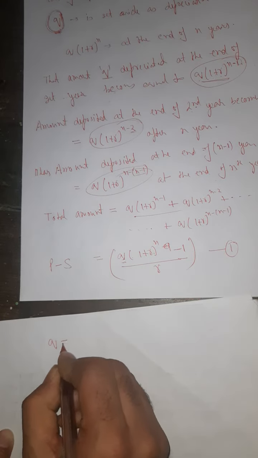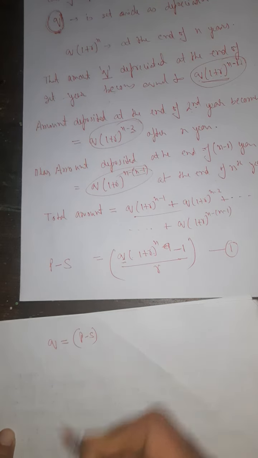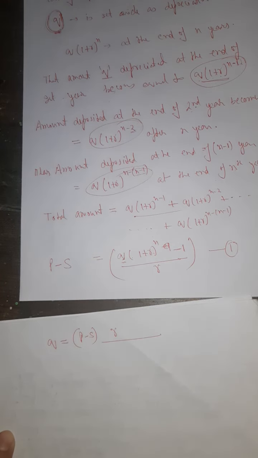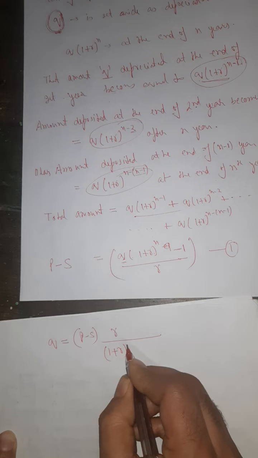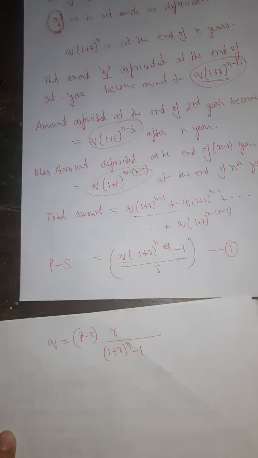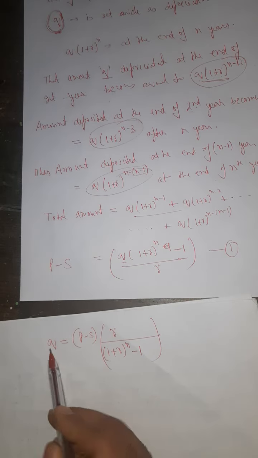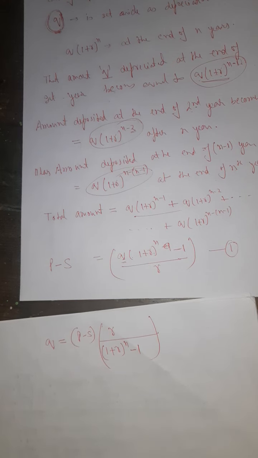Q will become equal to (P minus S) multiplied by r divided by ((1 plus r) raised to power n minus 1). These are the annual depreciation charges. This is how you will get the annual depreciation charges every year.